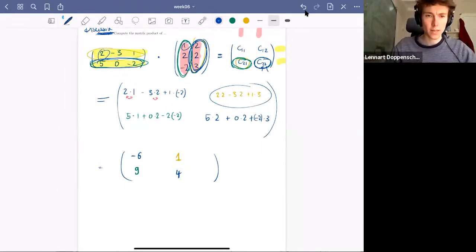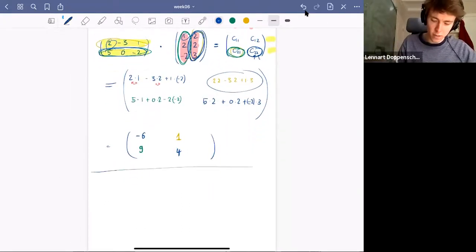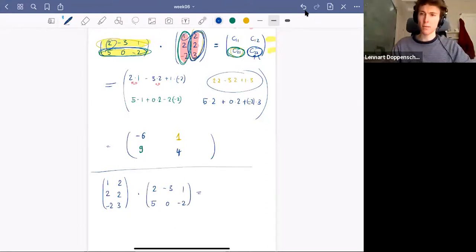Now let's address Idris' question. So what if we change the order of these? What if I told you to compute the matrix product of (1, 2; 2, -2; -2, 3) with (2, -3, 1; 5, 0, -2)? Would this be the same? Would this be different? Would they be somewhat related?